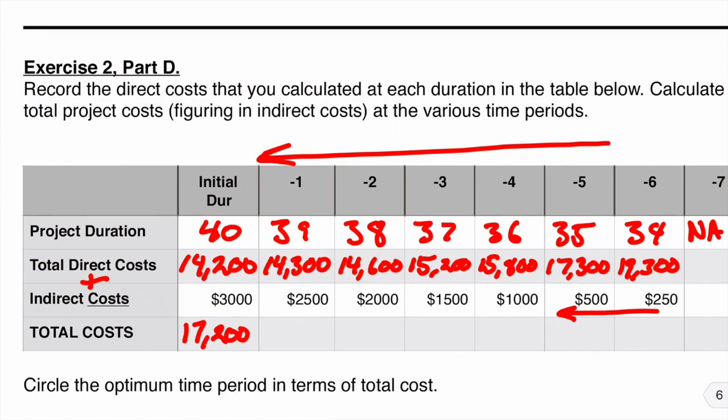Okay, so I'm going to add these all up as we go along here. Even though I've had a moderate increase in my direct costs, there's been a substantial decrease in indirect costs. So it is actually a lesser amount as far as the total amount.